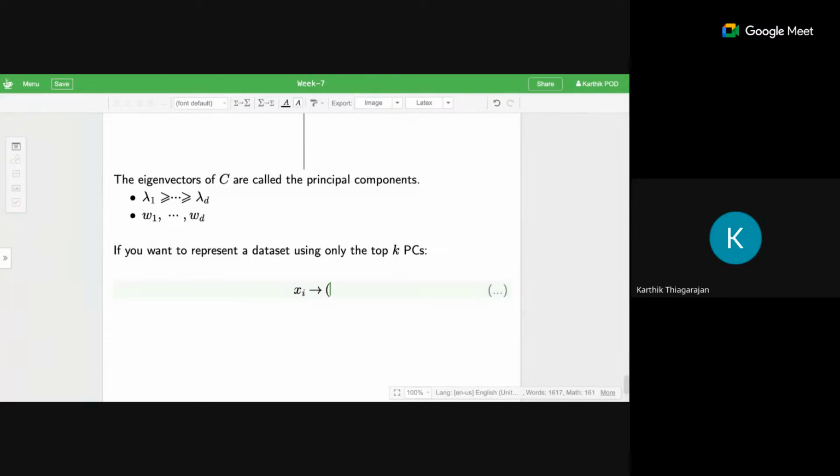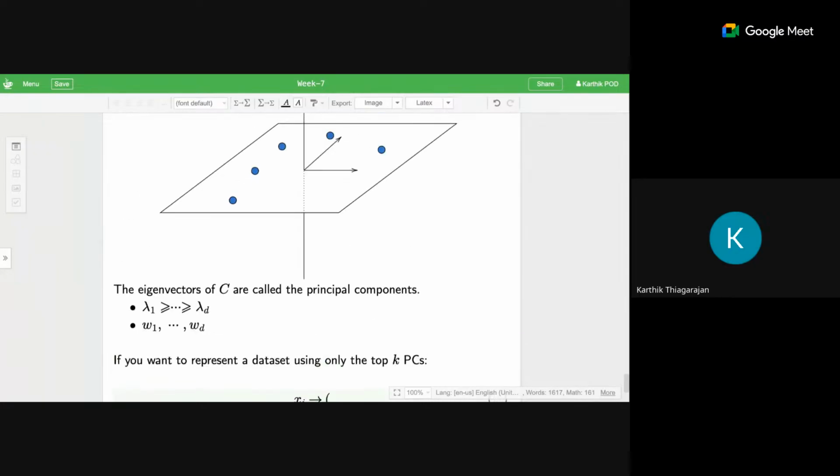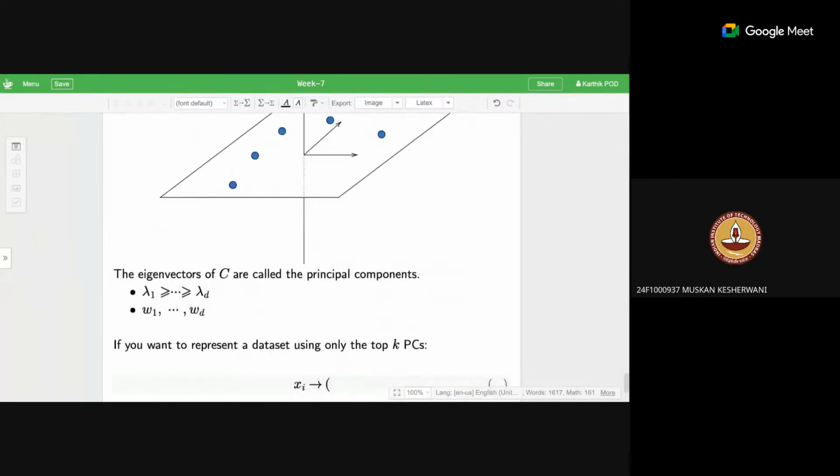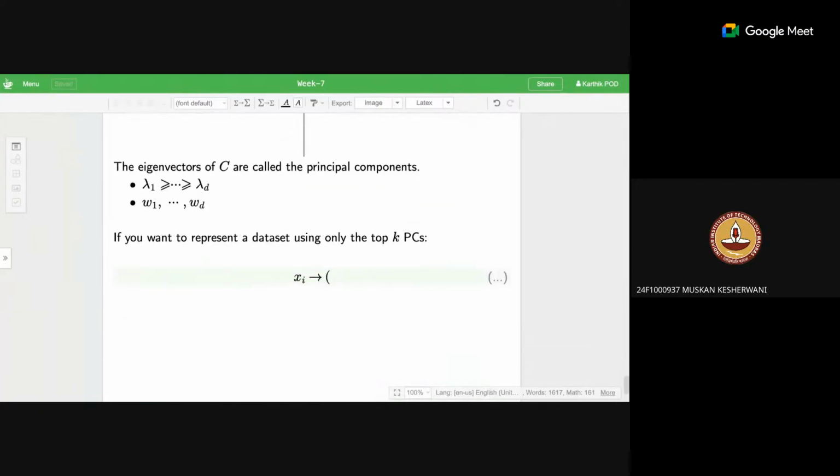On the line, right? So x1, x2 up to xd, that is xi, correct? But if you want to reduce the dimension and express xi as the projection onto the line w1, what will it become?